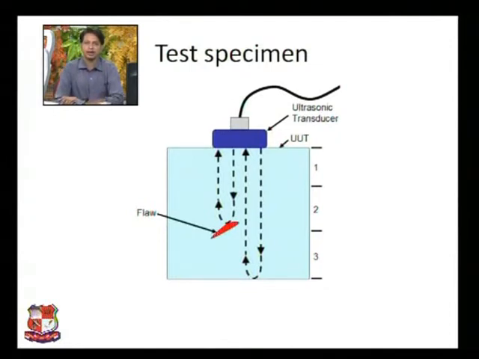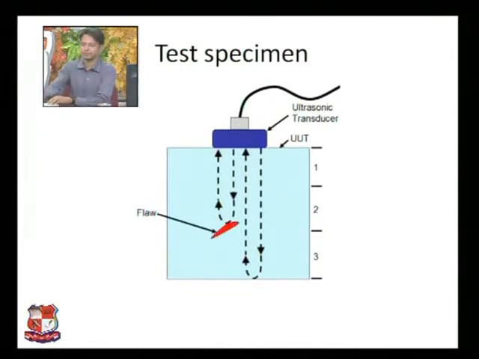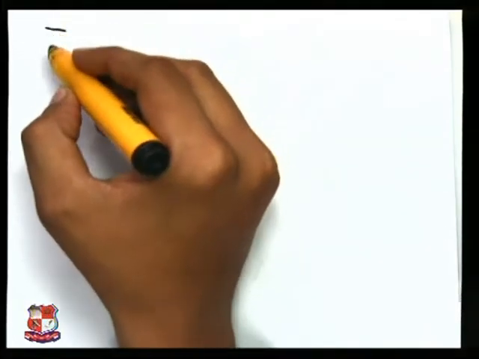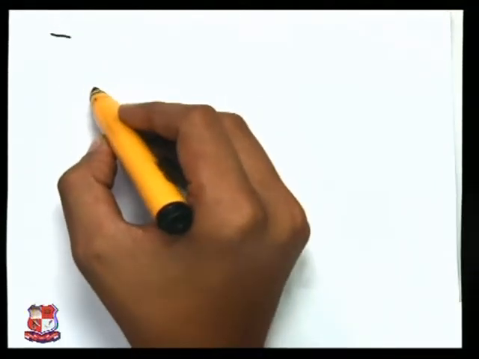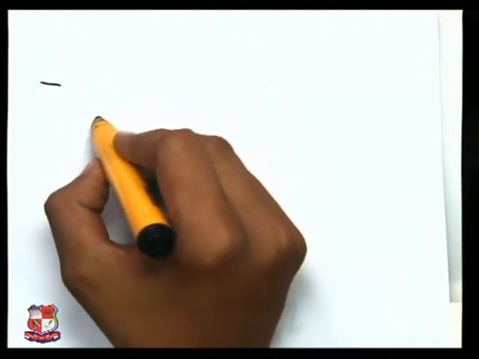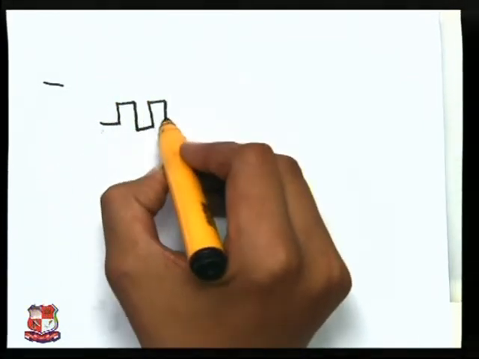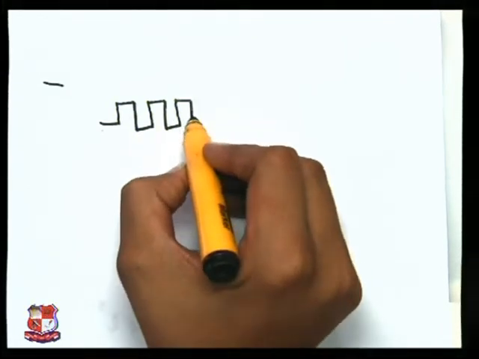So let us first draw the waveform. I am drawing a particular waveform in which you can observe how we can find the defect in the output.